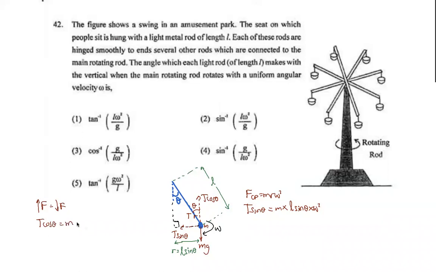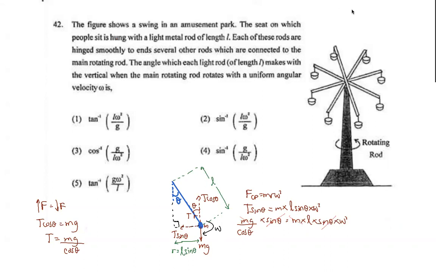So we can say T is equal to mg over cos theta. If I substitute here, mg over cos theta into sin theta equals m into L into sin theta into omega square. So m will get cancelled out. One sin theta is going to get cancelled out.